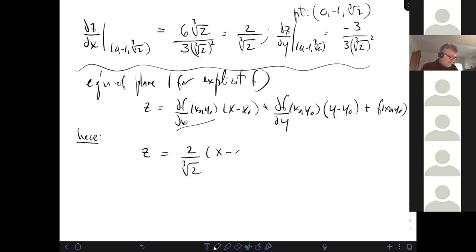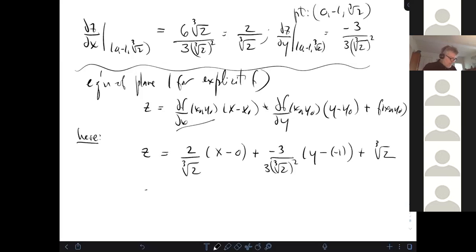So it's x minus 0, plus minus 3 over 3 cube root of 2 squared times y minus 1, plus the value of the function at the point I'm interested in, and that's cube root of 2.